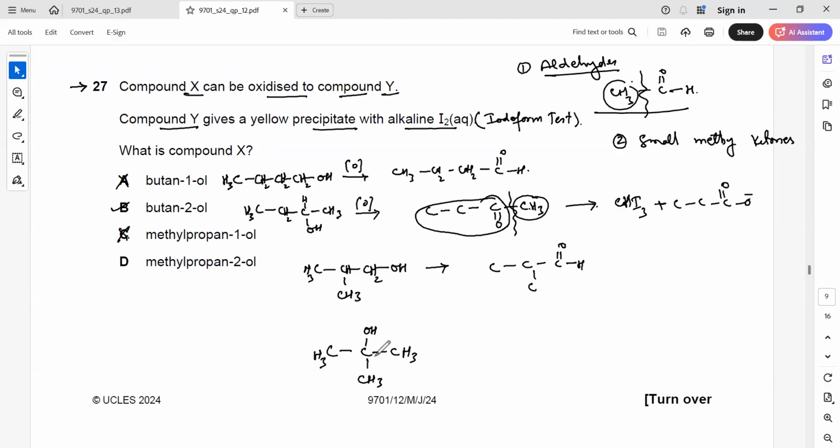Option D is a tertiary alcohol, and tertiary alcohols do not undergo oxidation reactions. They are saying oxidized to compound Y. So that's why option D is incorrect. So that's how we can find out the correct answer.